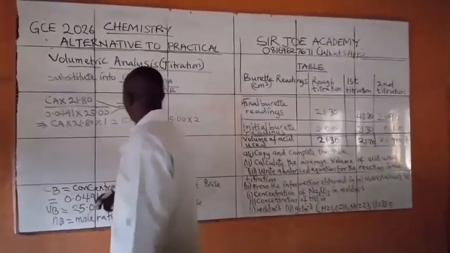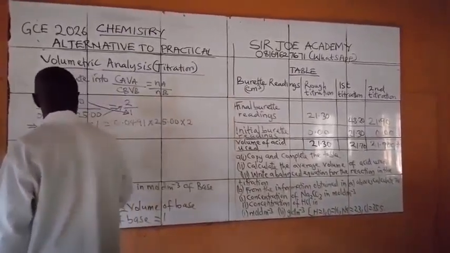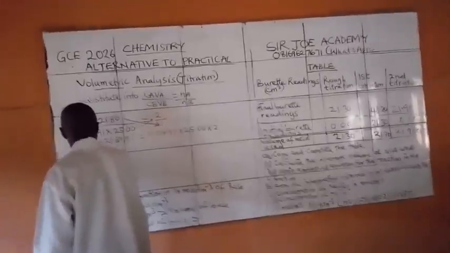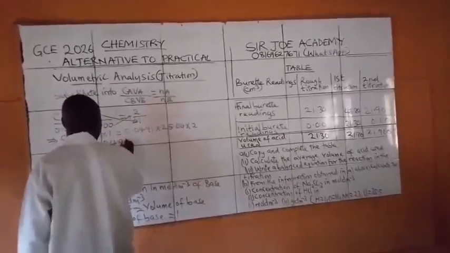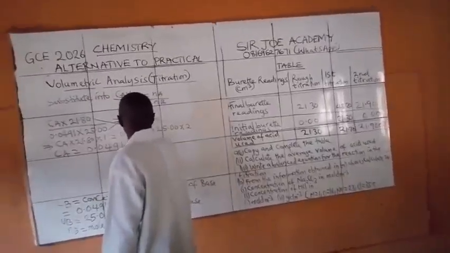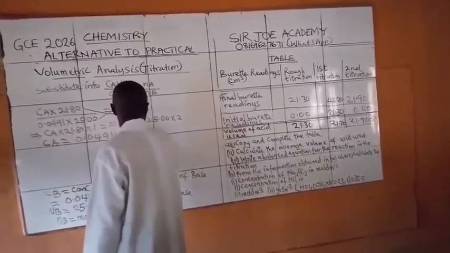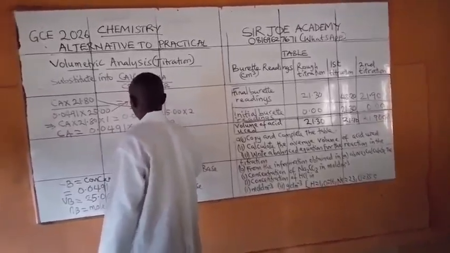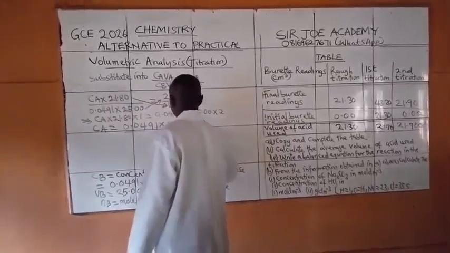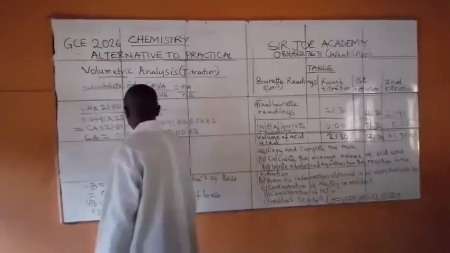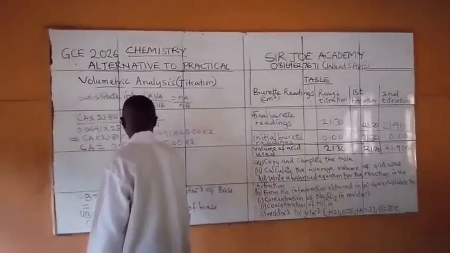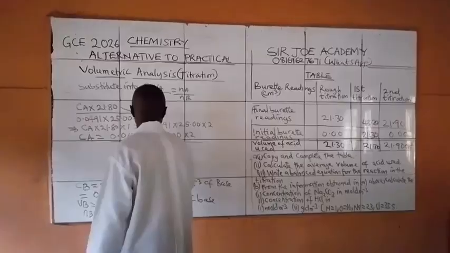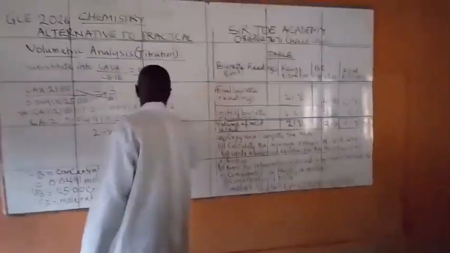So here we have to make CA the subject of the formula. So CA is equal to 0.0491 times 25.00 times 2 divided by 21.80 times 1.